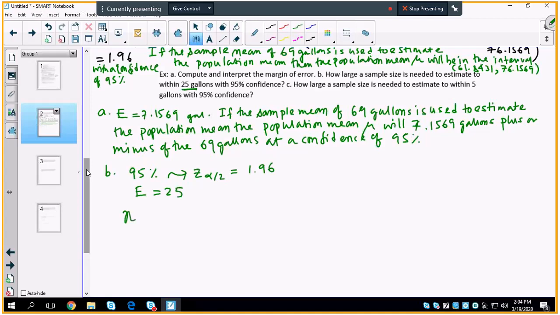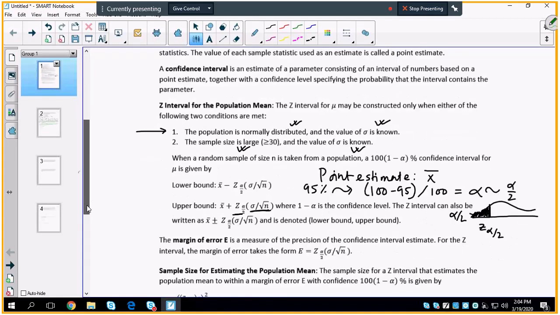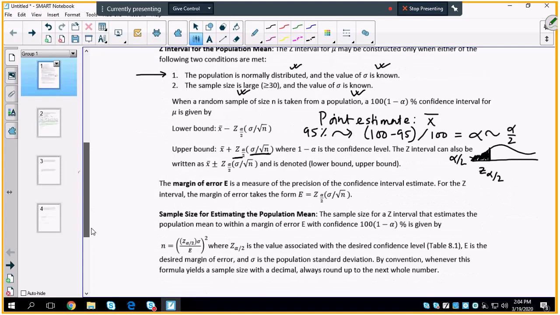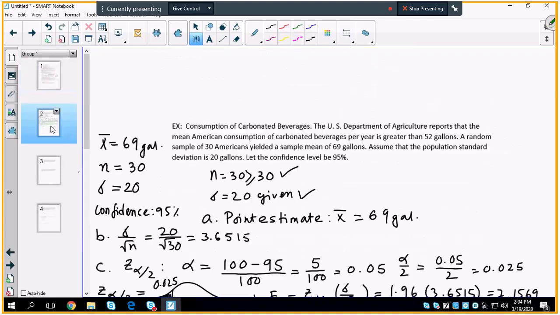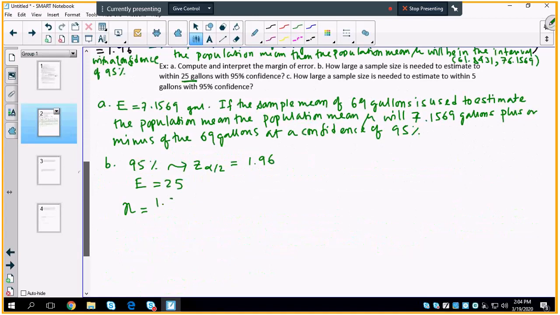So n, the required sample size, if you use the formula, is Z alpha over 2 times sigma over the margin of error. So we're going to put those information in. Z alpha over 2 is 1.96. The sigma we found out is 30, and I'm dividing it by 25, and then I square it.